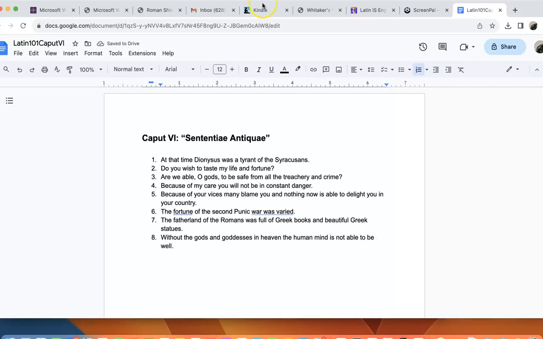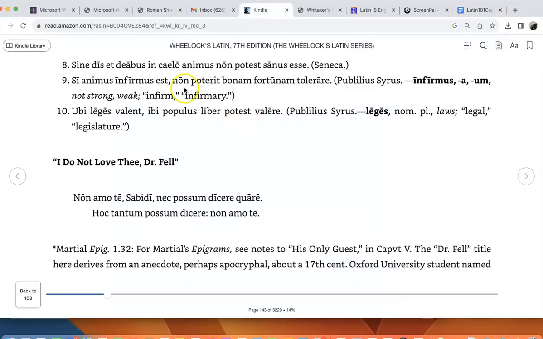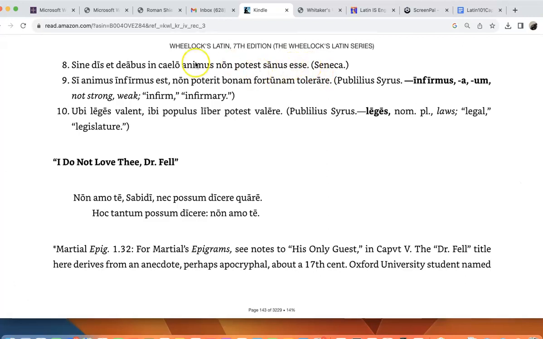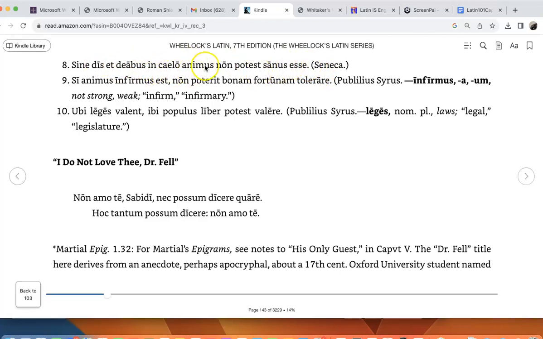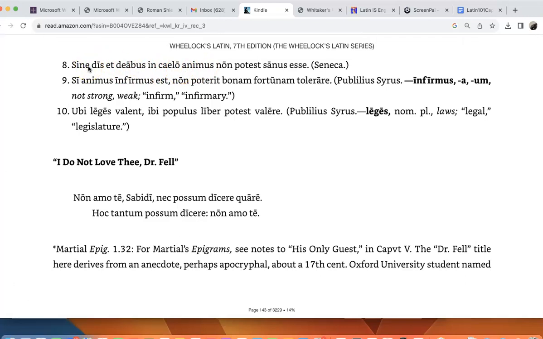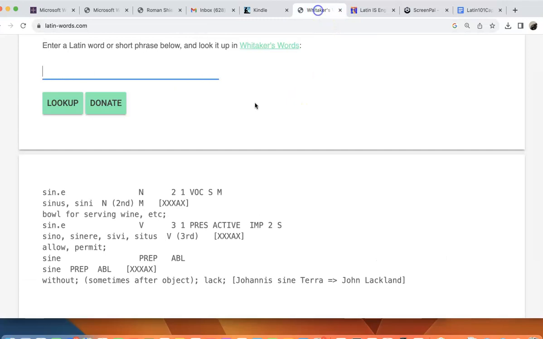Yeah, I was reading an article somewhat recently, and this author made the argument that Rome was not a spiritual society, but it was a religious society, and we see that in these words. Sine is without, but when we use sine as a preposition, it's followed with the ablative.